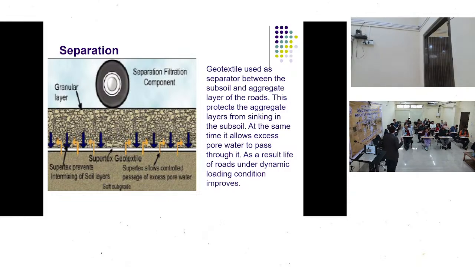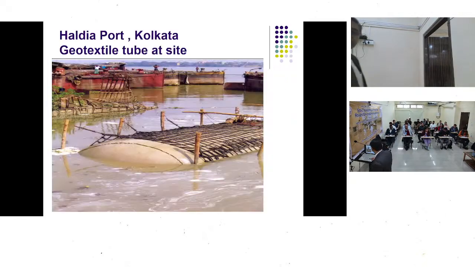Black cotton soils are soils wherein you get a lot of swelling. What is swelling? It means there is change in the volume of the material because of change in the moisture content. Okay, so that swelling led to more cracks in the road and deterioration of the road. So in these places, these geotextiles have been used.